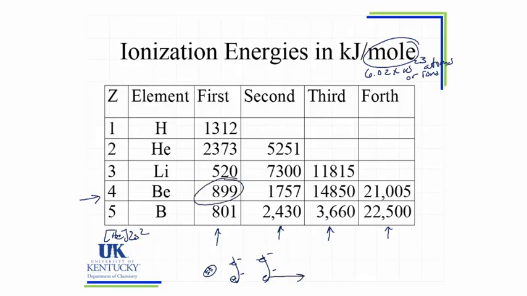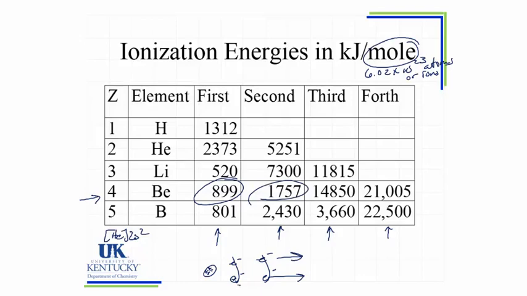Now, when we remove our first electron and take this one away, it's going to require this much energy to do that for a mole of these atoms. That is going to make it a little bit smaller as we have less electrons vying for those 4 proton pull. So it gets a little bit smaller, and it gets a little bit harder to remove the next electron. So I pull that electron away, it gets a little bit smaller. But now we've removed the valence electrons, and we're starting to go to the third.